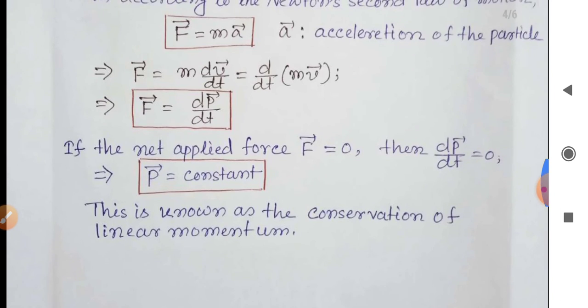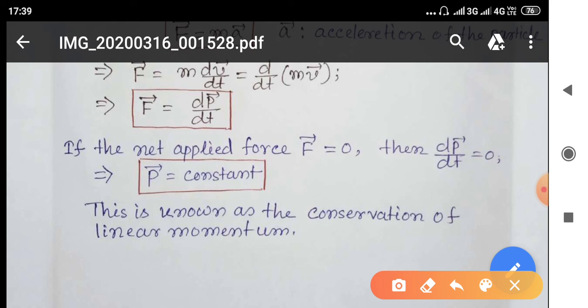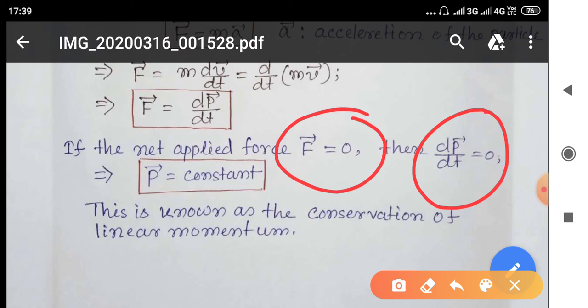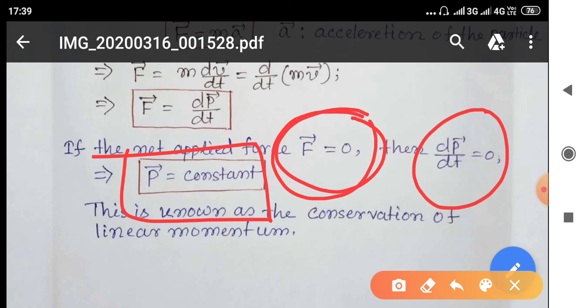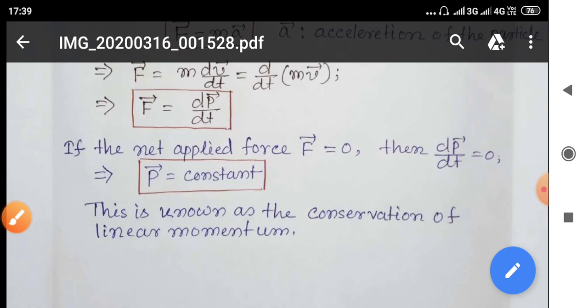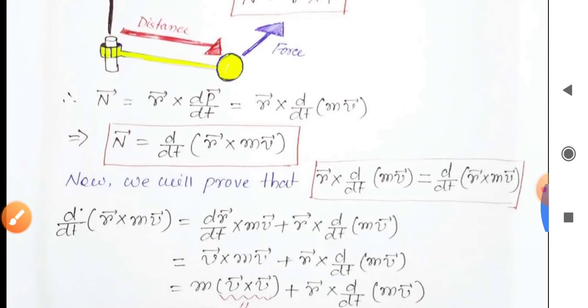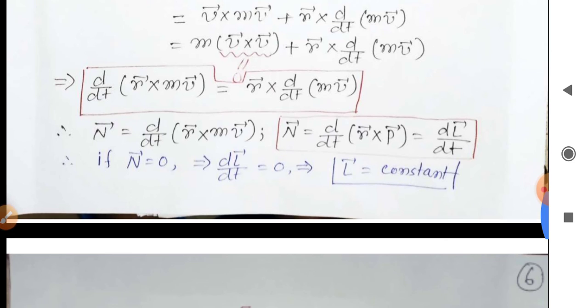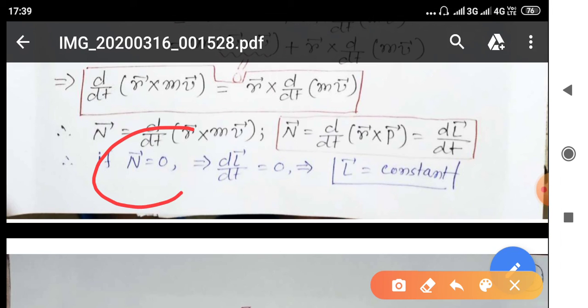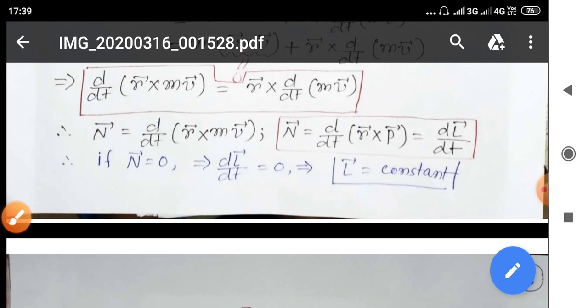And if we ask here, what is the condition for the linear momentum conservation? The condition is that dp/dt should be 0 when F is 0, and then the linear momentum would be conserved. That means when the net external force or applied force on the object is 0, then there will be a linear momentum conservation. Similarly, if we ask you what is the condition for angular momentum conservation, then you should say if the net torque applied on the object is 0, then we will find the angular momentum is a conserved quantity.